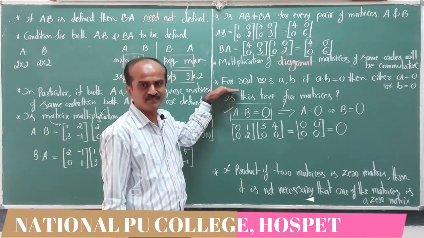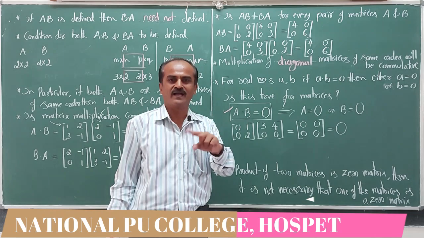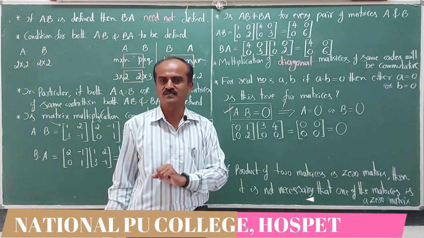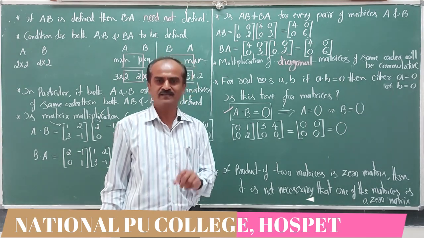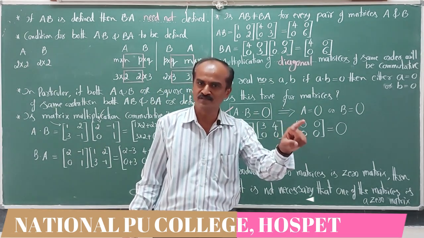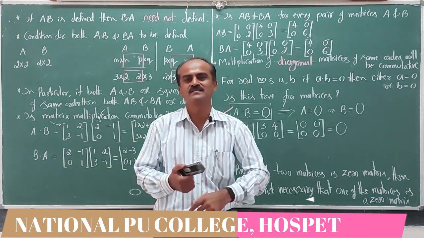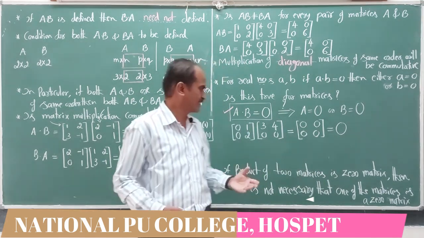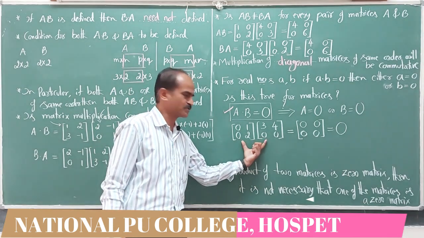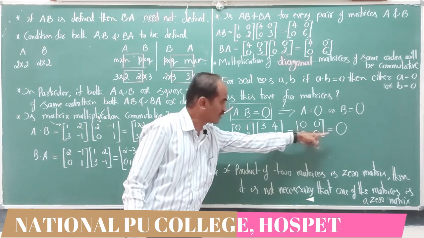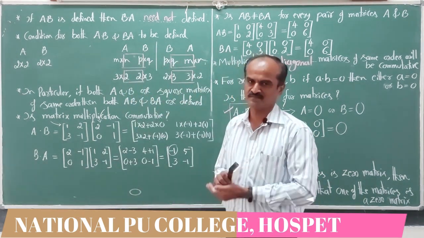Next, in the case of real numbers, the product of two real numbers being 0 implies either of those two real numbers must be 0. But this is not the case for matrices. If the product of two matrices gives us a null matrix, it is not compulsory that either of these two matrices must be a null matrix. Here I took an example: none of these two is a 0 matrix, but their product gives us a 0 matrix. So you need to remember these points.